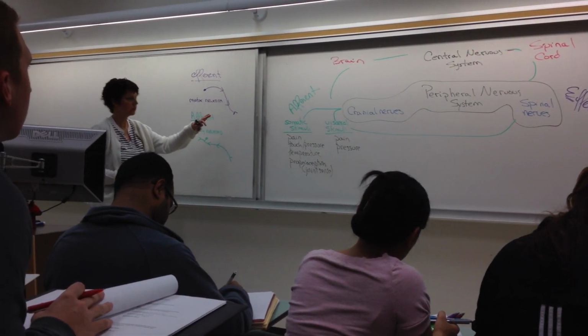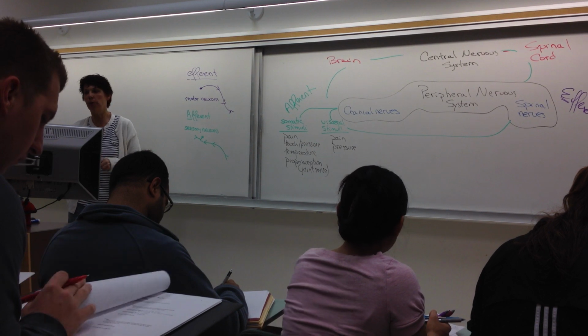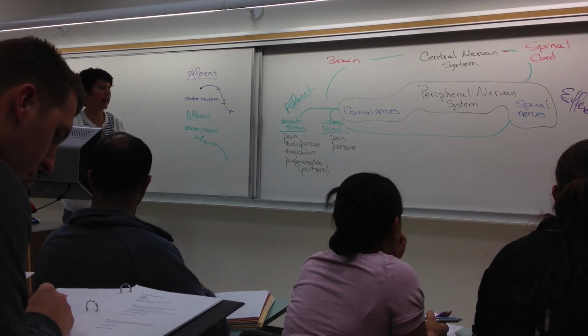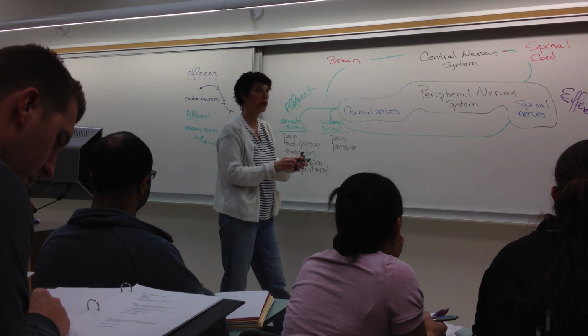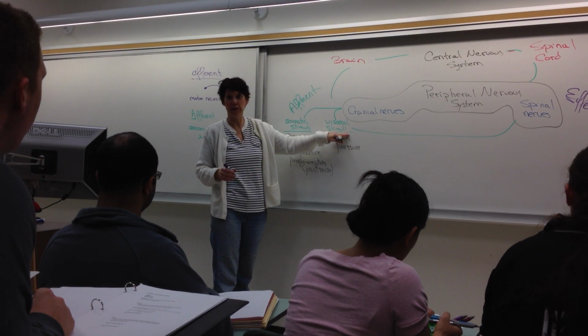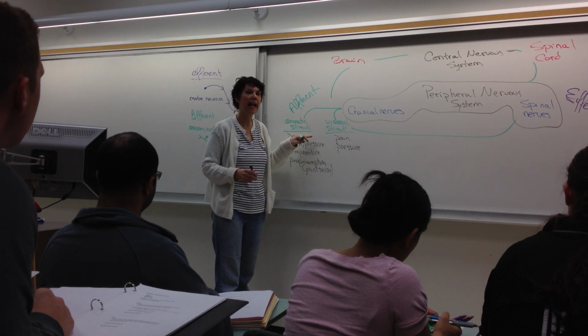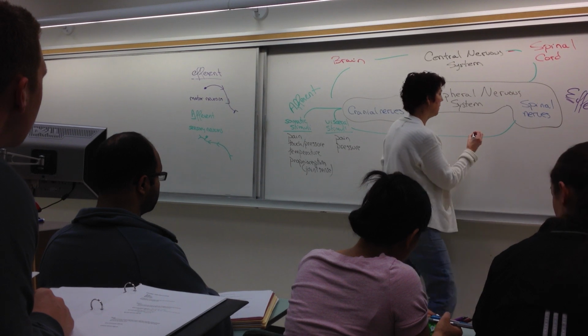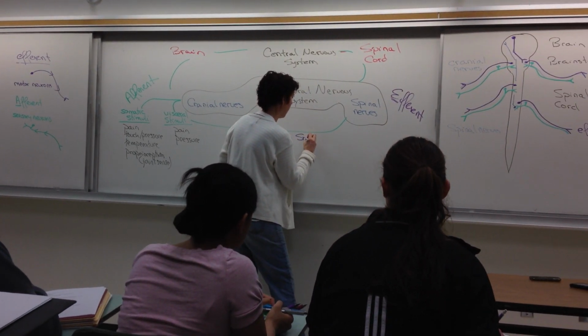Then we have a motor division, the efferent division, and that can be divided into two areas as well, somatic and visceral. Our somatic is what we just got through using with our skeletal muscles. So somatic is actually going to be our voluntary muscle.